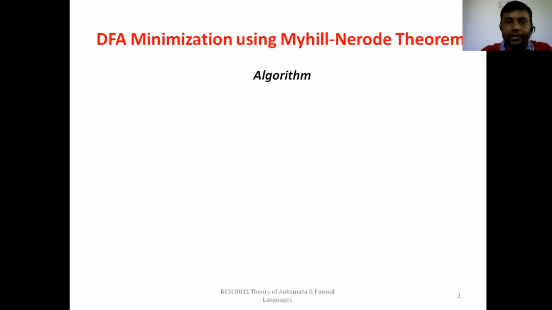Basically, in this method, the algorithm consists of the following. We have to provide any deterministic finite automata, DFA, as the input. The output will be the minimized deterministic finite automata.